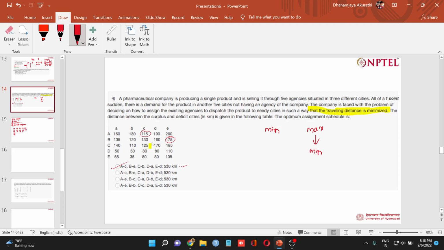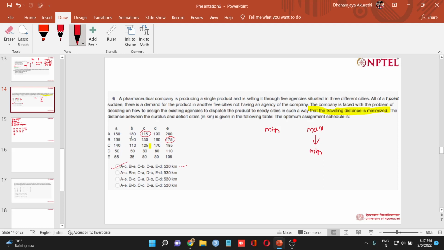Another way is to find the highest value of the entire matrix, not belonging to this question, any other question. First select that highest value and then subtract all the other elements from that highest value.